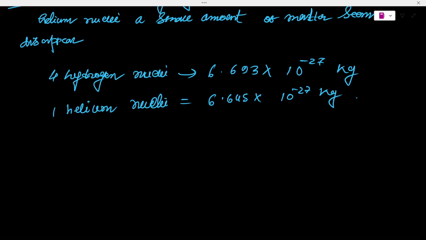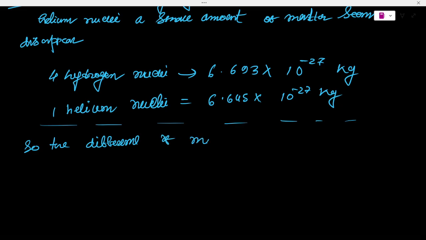So the difference of masses will definitely be 0.048 into 10 to the power minus 27 kg.